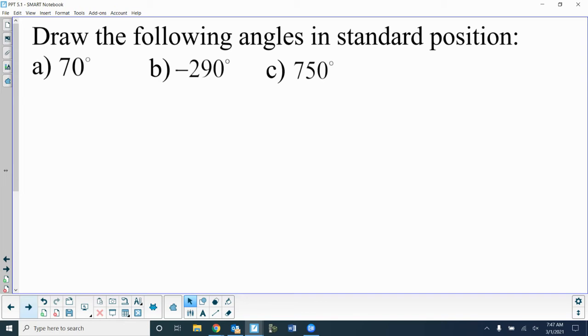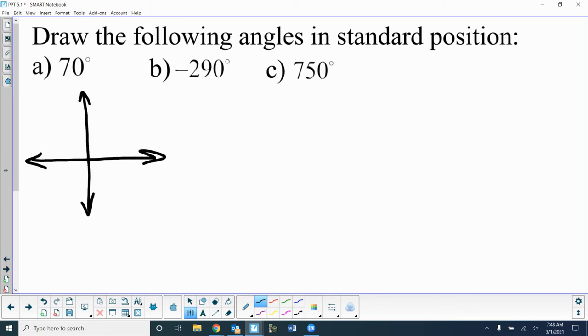Okay, so just to draw in standard position, a 70-degree angle. We've got our x-axis and our y-axis, right? So in standard position, the initial side is this red side. The vertex will be there at the origin. And then I just go 70 degrees from here.